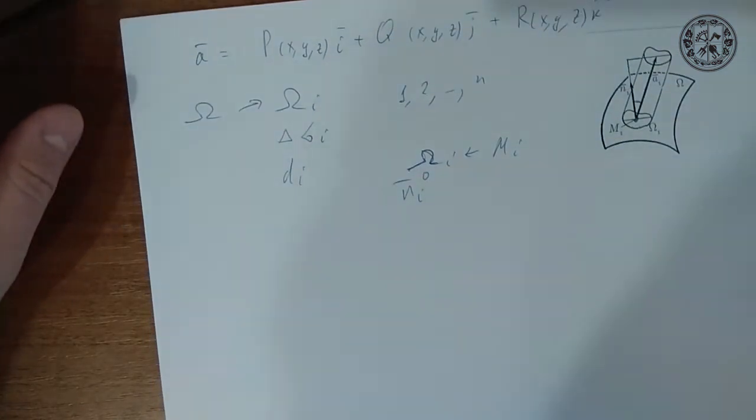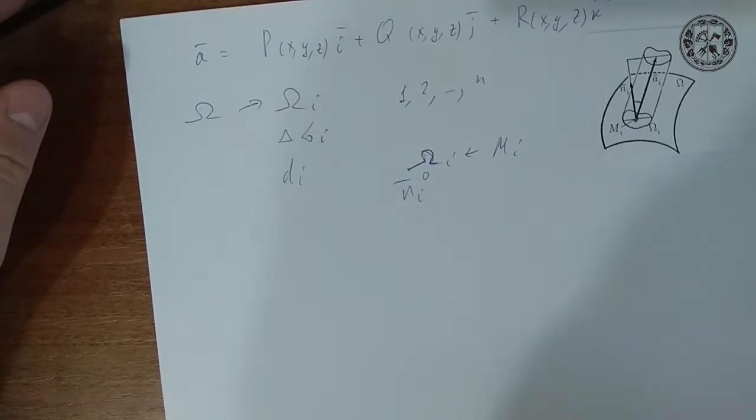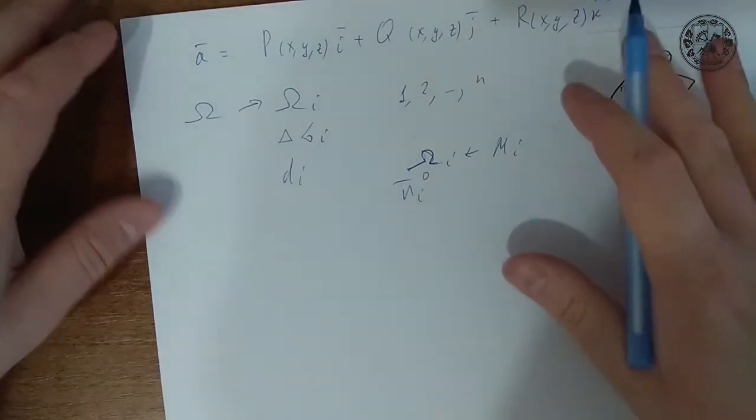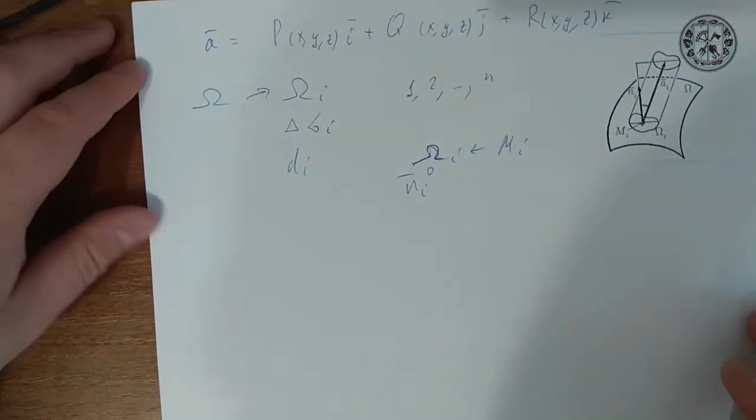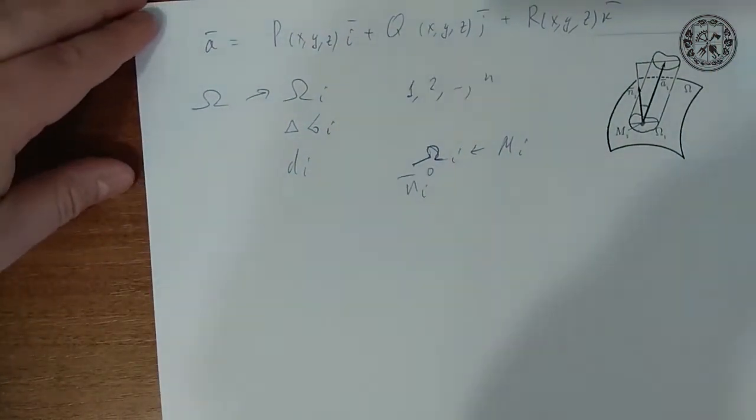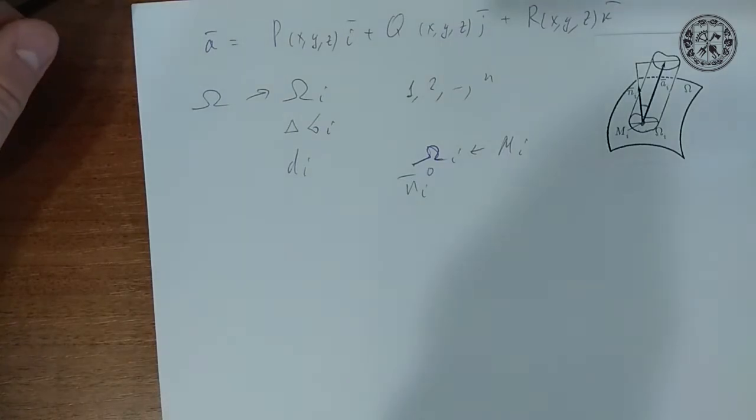If we split this omega surface into small enough pieces omega i, then we can approximate the volume of liquid that will flow through this surface per second. And if we do this, we can consider this surface planar.